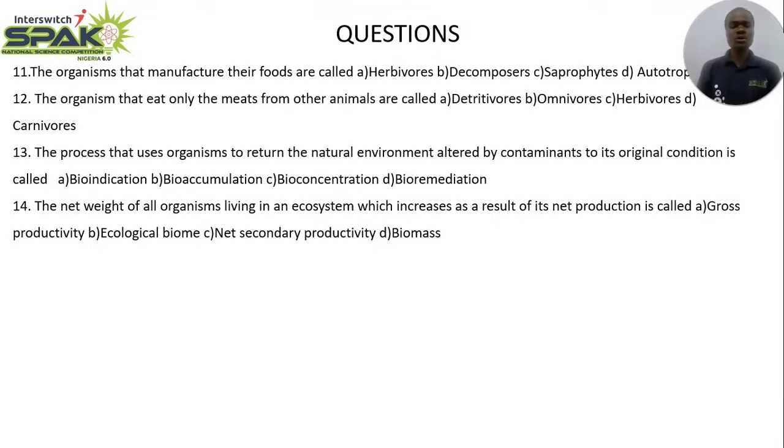Gross primary productivity is the rate at which sunlight energy is converted to chemical energy stored in the molecules of plants in the ecosystem. That's what we call gross primary productivity, GPP. For example, when the sun shines on the environment, not all of the light energy can be used.